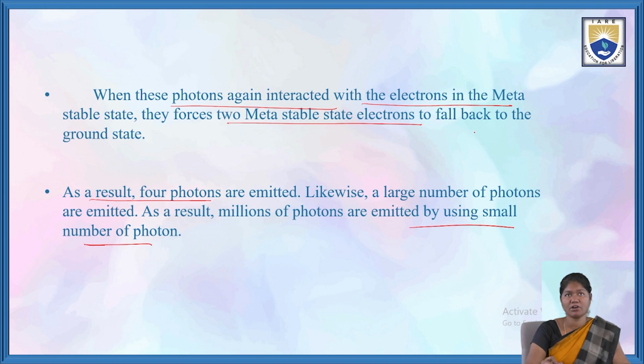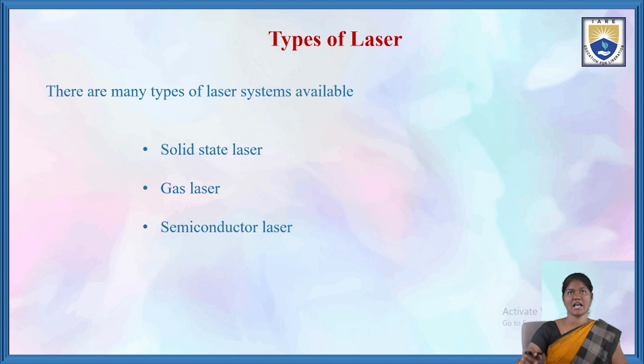While falling back to the ground state, they emit four photons. Likewise, a large number of photons are emitted. As a result, millions of photons are emitted by using a small number of photons. So this is the lasing action.